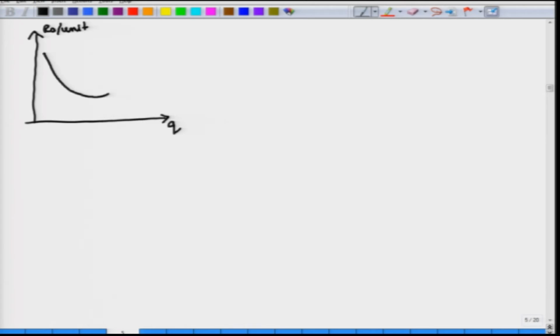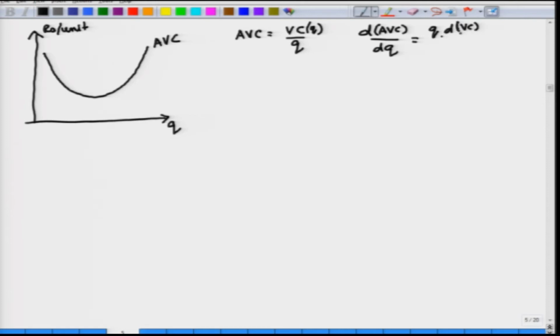So, I have a U-shaped average variable cost curve, and recall that my average variable cost is the variable cost divided by Q. If I want to figure out how the average variable cost is changing with respect to Q, I use the rule U upon V, which is Q times the derivative of the variable cost with respect to output, minus the variable cost times the derivative of Q with respect to Q, which is going to be 1, divided by Q square.